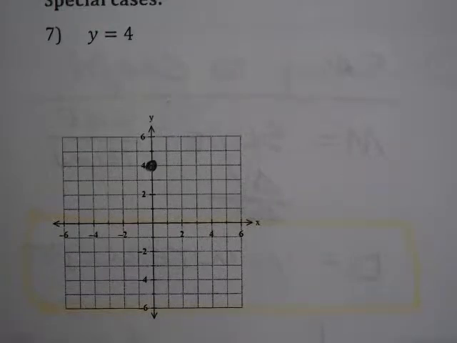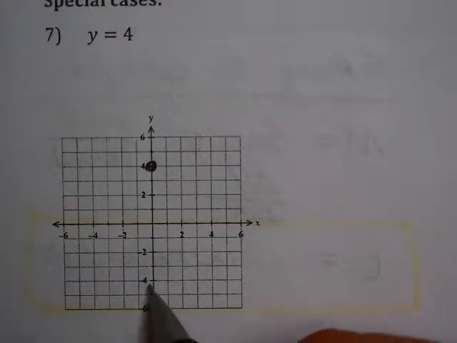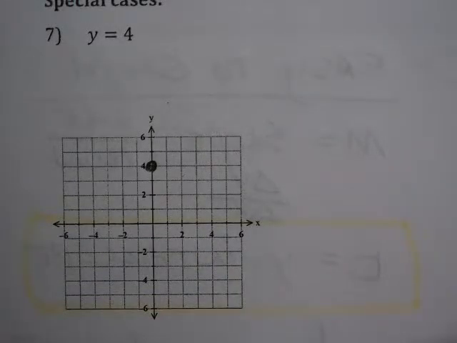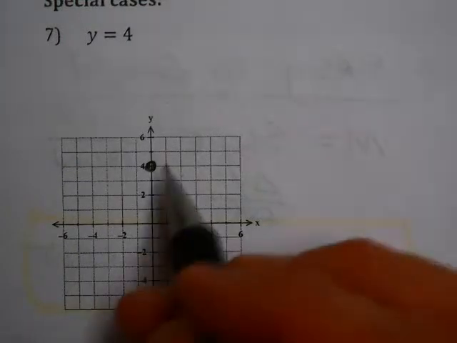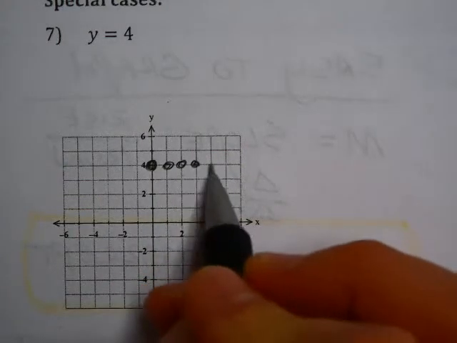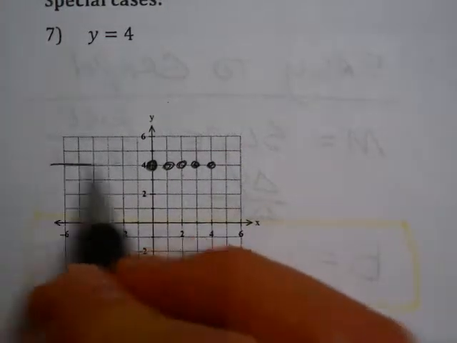And then I say, well, where else does y equal 4? And a lot of times I'll get, here? No, that's negative 4. Here? No, that's x equals 4. What am I missing, Allison? Like all the x values? Right. So where else does y equal 4? Everywhere along here and everywhere in between.